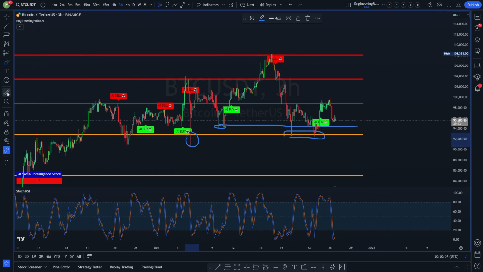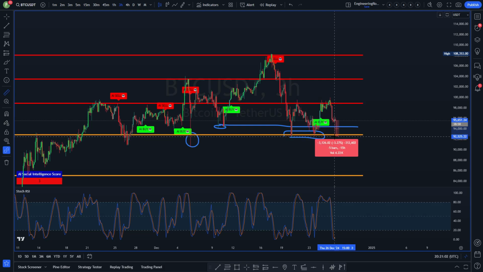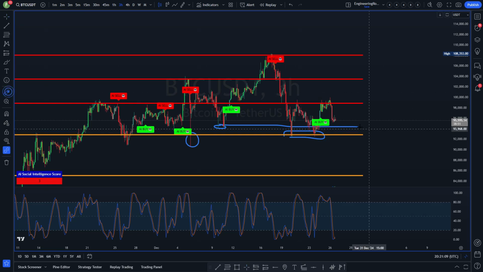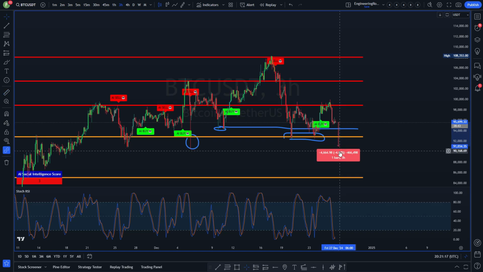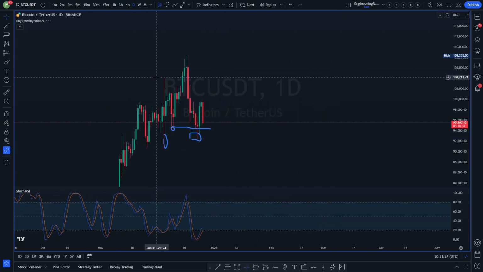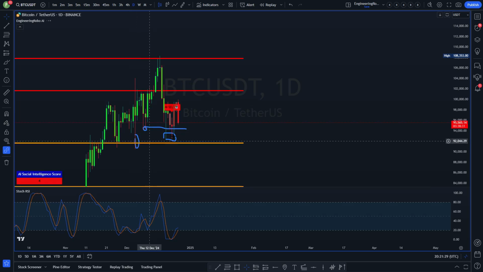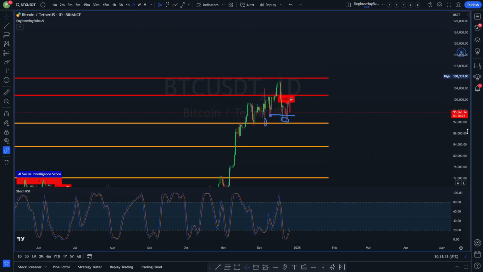So again, if we were to look at potential areas, that is a 3%, well within my 3 to 5% stop loss area. Yeah, so I would ideally be putting a 5%, maybe just under 90, 88, something around there for my stop loss. So that's on the 4-hour, really making the indicator work as I shift through these time frames.